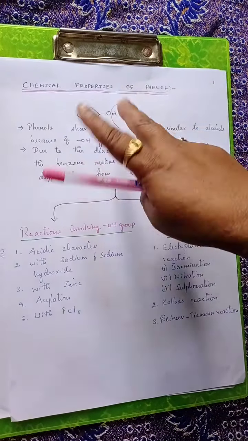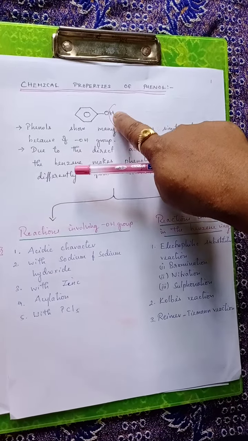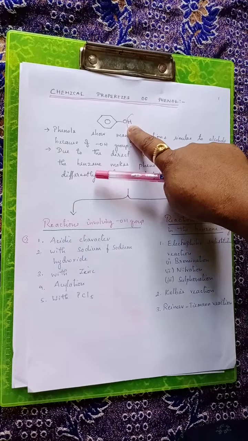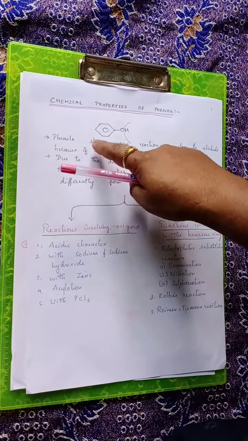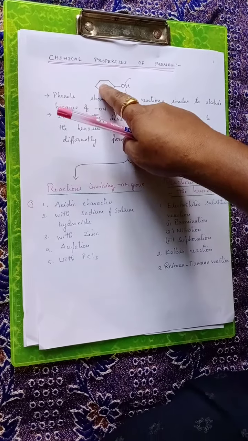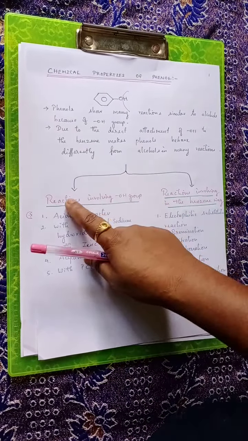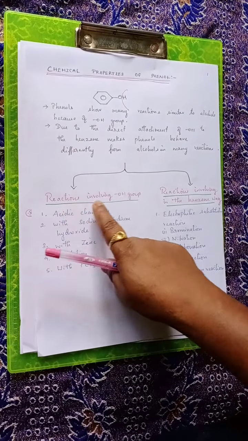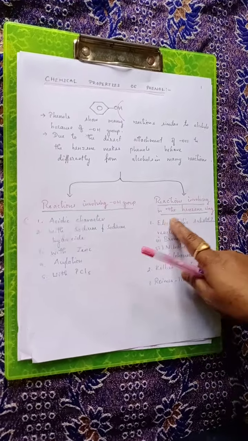So only two types of reactions can happen. One is the hydrogen from the hydroxyl group replaced by an atom or a molecule, and the other is a replacement of a hydrogen from the aromatic ring.